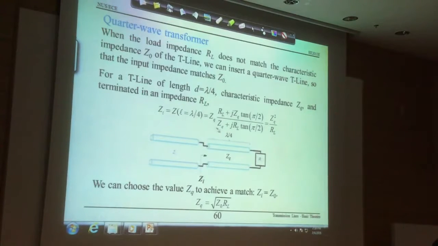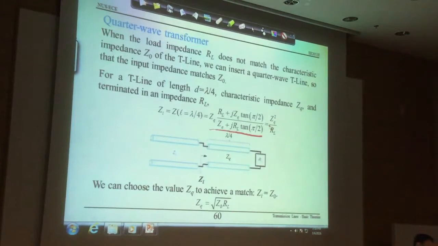So the theory is this transmission line equation. Now, this electrical length is the propagation constant times the physical length, beta L, where beta is 2 pi over lambda.